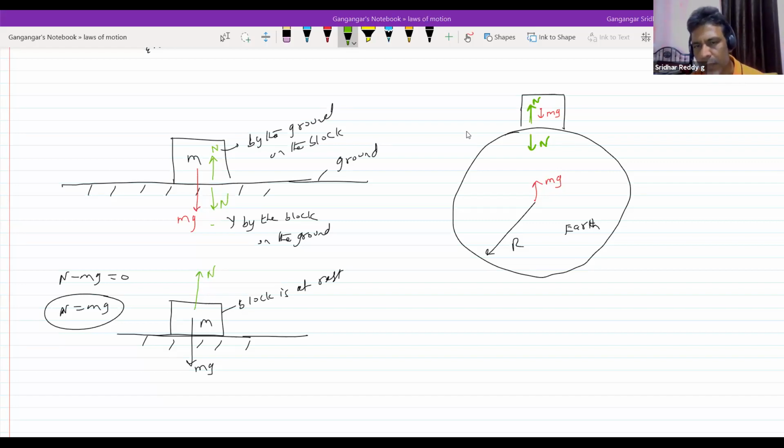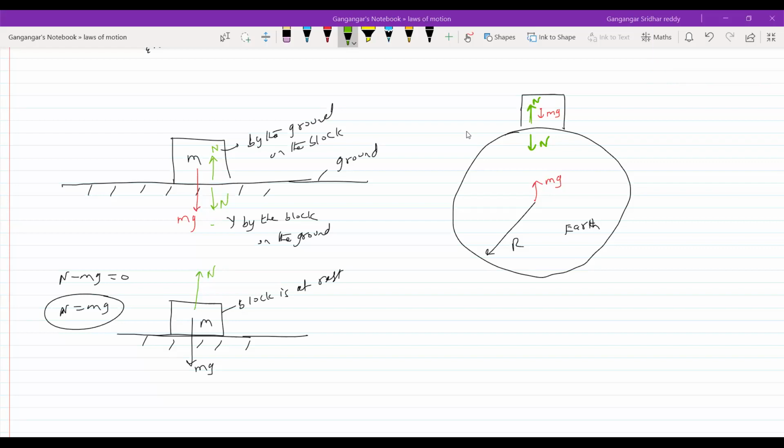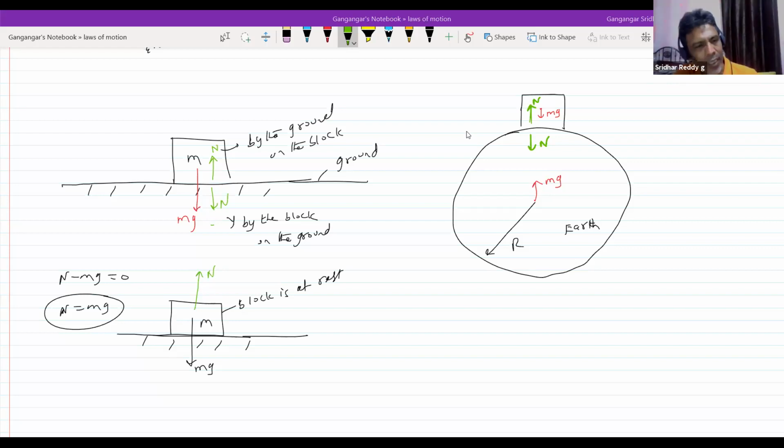Sometimes what we end up with mathematics or what we make observation is something, you must do comparison. The second diagram is giving you clarity. But sir, you are writing N minus mg equal to 0. It has come due to equilibrium condition. Because it's equilibrium, net force should be 0. So N equal to mg, I'll write it.